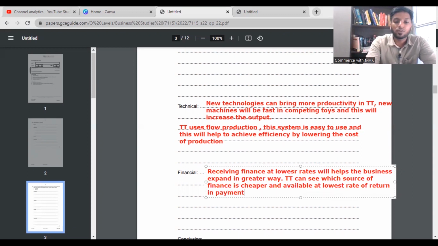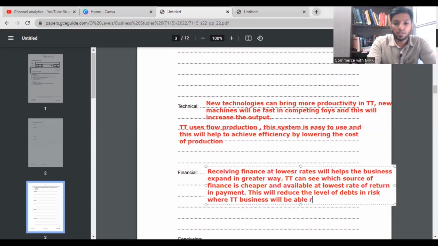So if they can find the lowest rate and cheaper, then of course they can expand in a greater way, and that will help the business to go through the risk. This will reduce the risk of the business, reduce the level of debts in risk, where TT business will be able to run the organization smoothly.